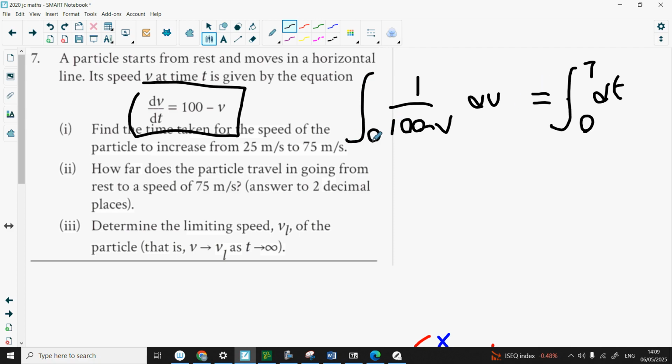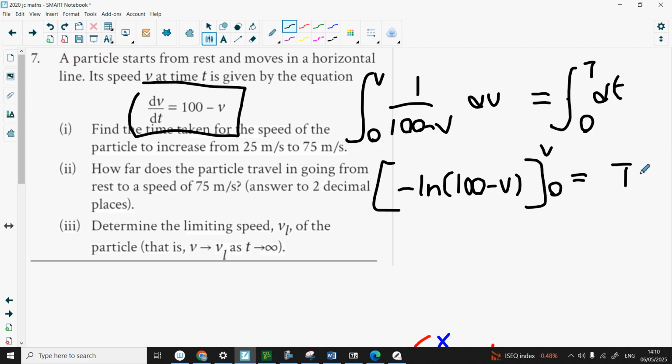And the deal is, I don't know my v values. 0 to v, yeah? What did we say earlier? It was minus ln 100 minus v from v to 0. And the other side just ended up being t, wasn't it? And this was minus ln 100 minus v plus ln 100, because v is 0 on the second go.